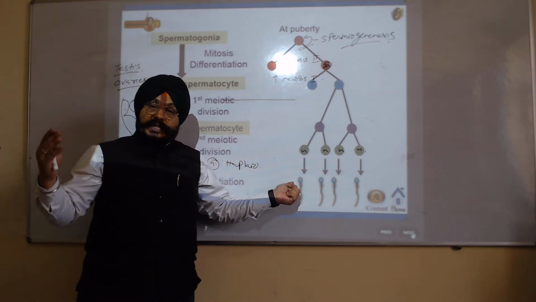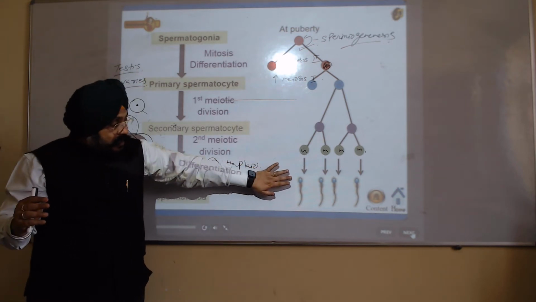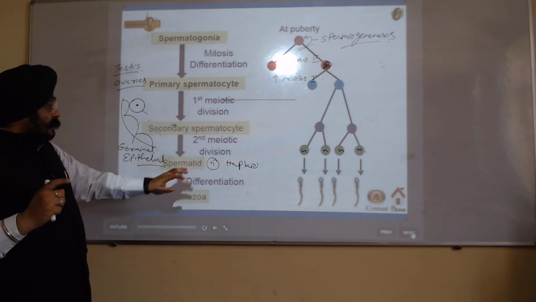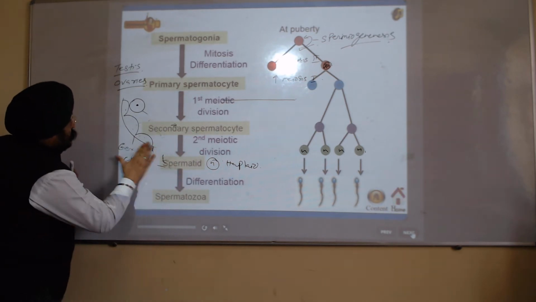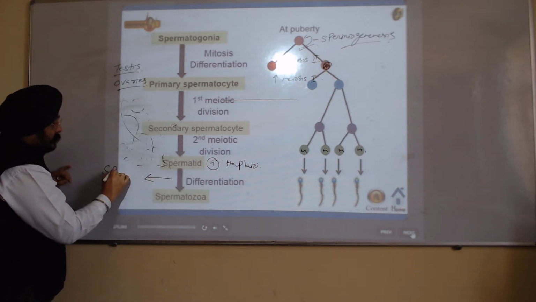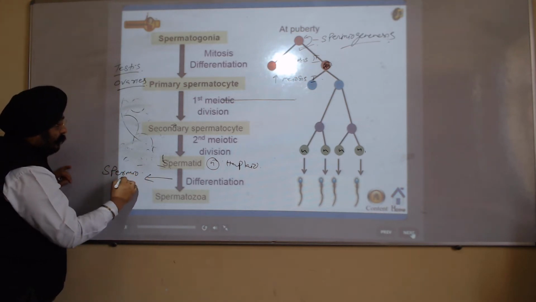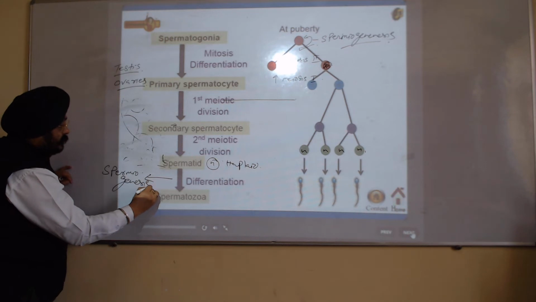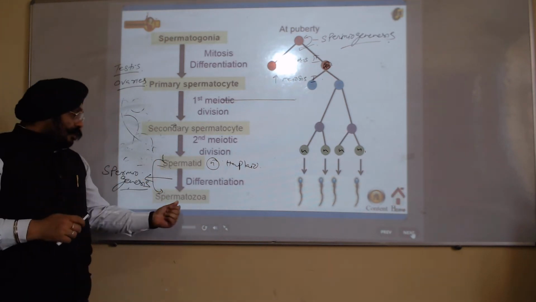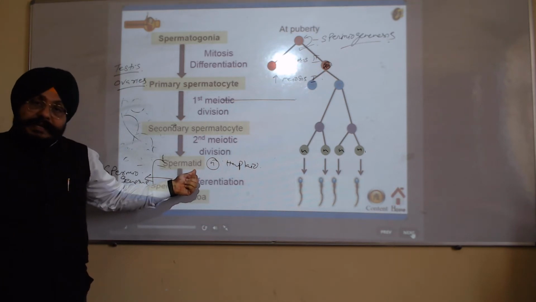This structure we will study in a later part of the lectures, how the sperms are formed. So this is how the process goes. This process is known as spermiogenesis, that is the formation of spermatozoa from the spermatids.